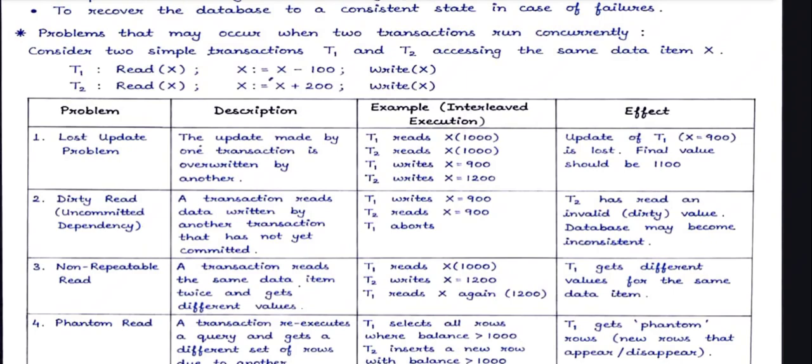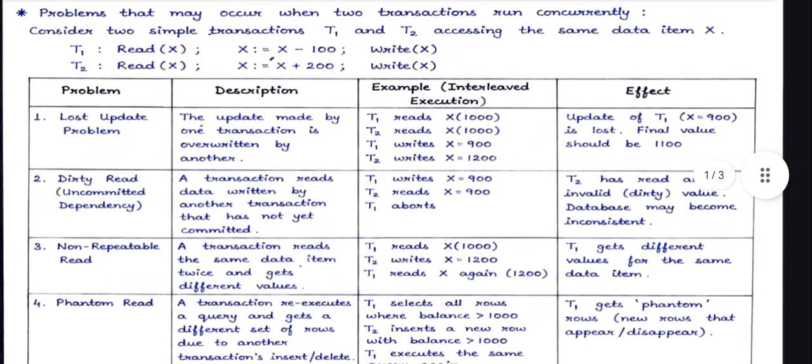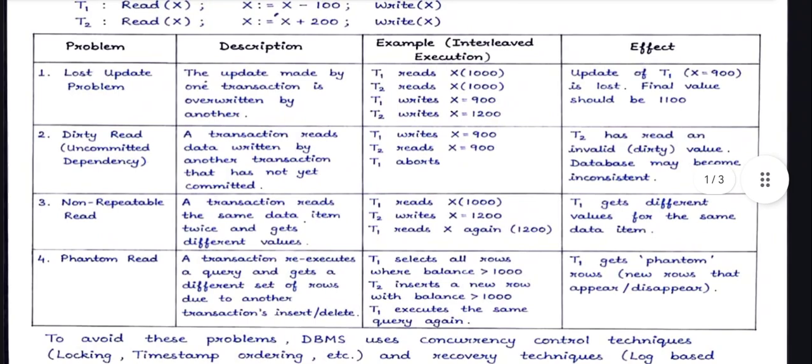T1 reads X of 1000, T2 reads X of 1000. The update of T1, X equals 900, is lost. The final value should be 1100. Only the last write is kept.